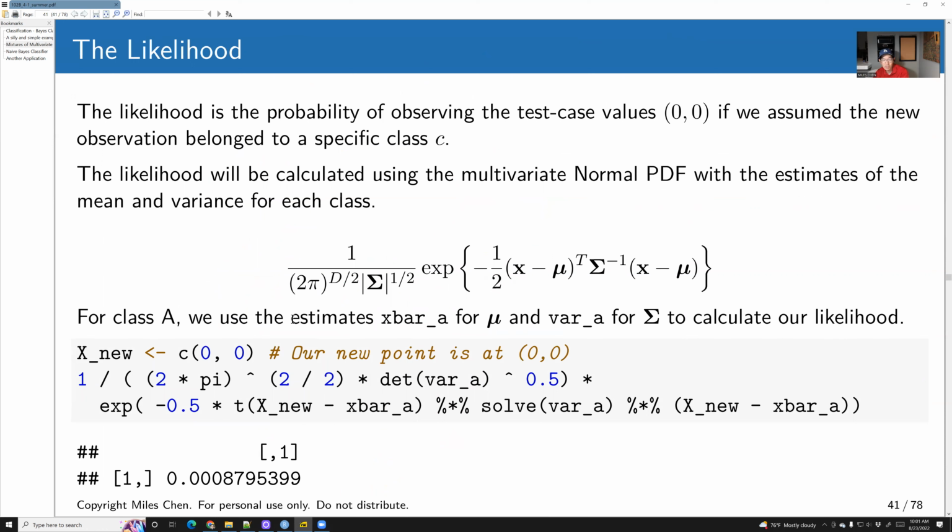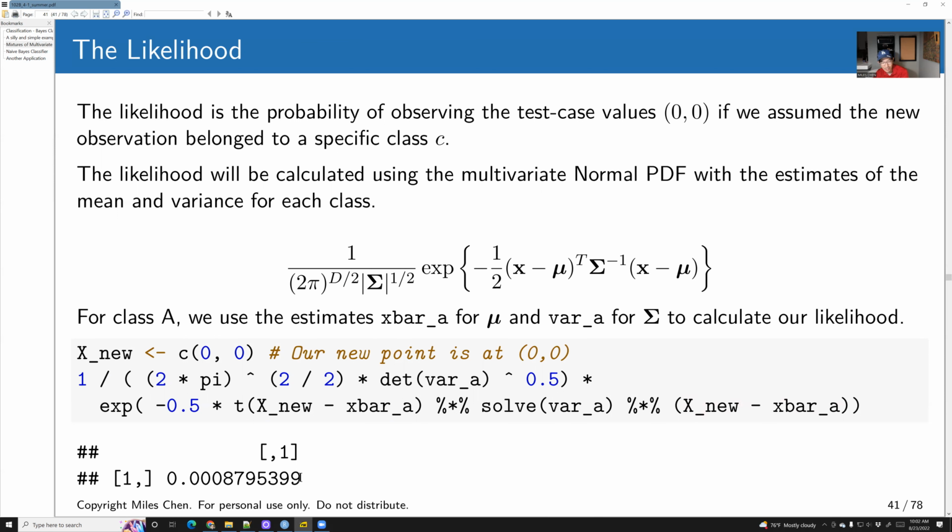To do this, I can use the normal PDF: 1 divided by 2 times pi raised to the d over 2, 2 over 2, times the determinant of the variance raised to the 1/2 power, times e to the negative 1/2, times the transpose of x, which is 0, 0, minus the mean x bar, times the inverse of the variance, times x minus x bar.